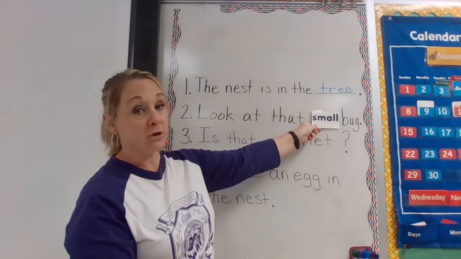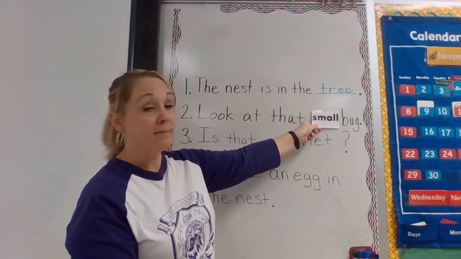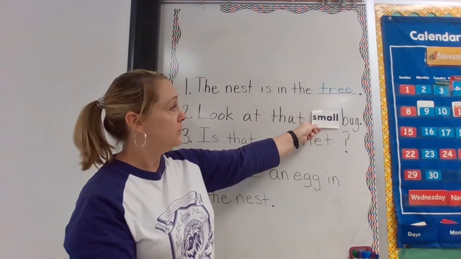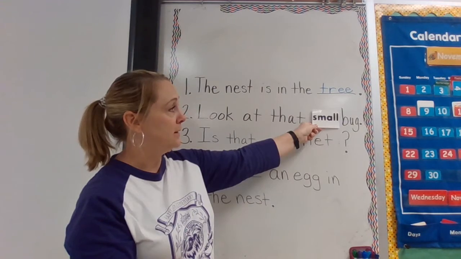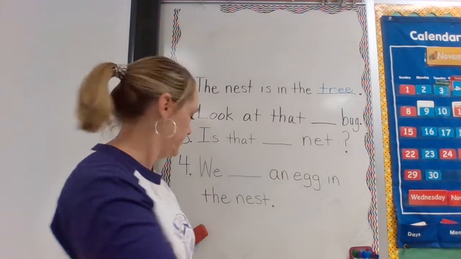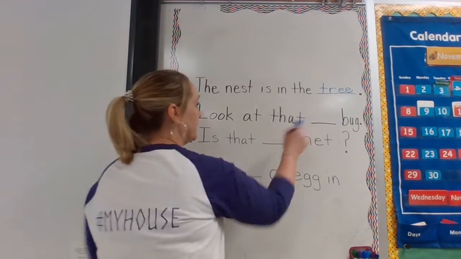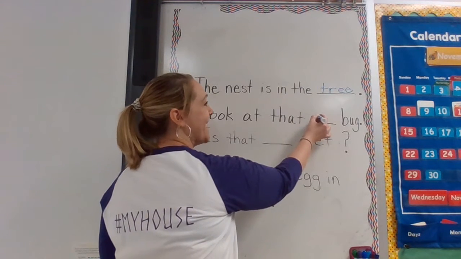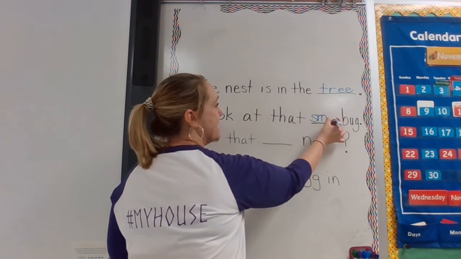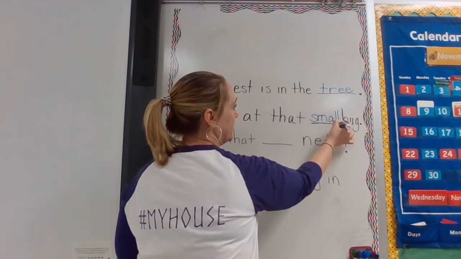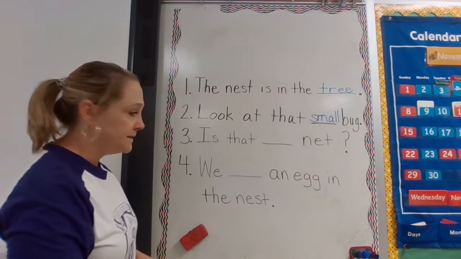Small is a word that describes. Small is describing the noun bug. What kind of bug is it? It's a small bug. Look at that small bug. So let's write small. S-M-A-L-L. Small. Look at that small bug.